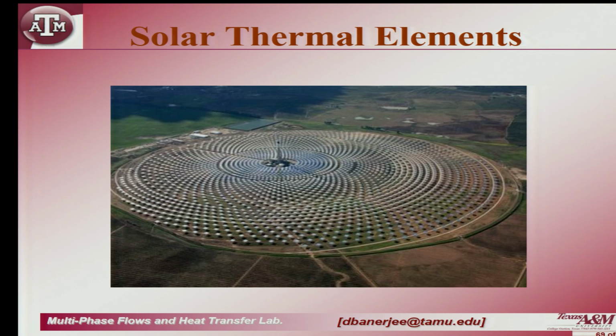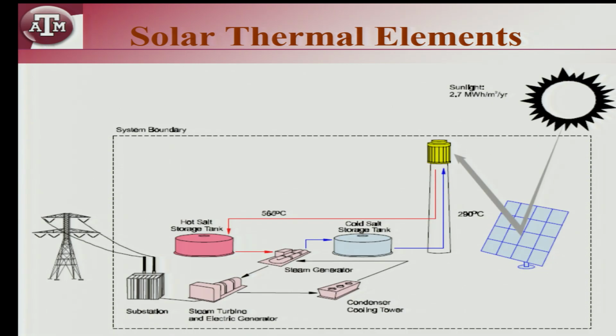So, what happens in solar thermal? You have a bunch of mirrors that focus the light onto the top of a tower, and you have a container there that contains salt, and when you heat it up to about 500 degrees Celsius, it melts. Okay, about 300 degrees Celsius it melts, and then you take that molten salt and you generate steam out of it.